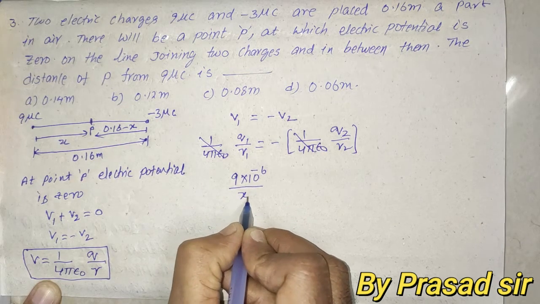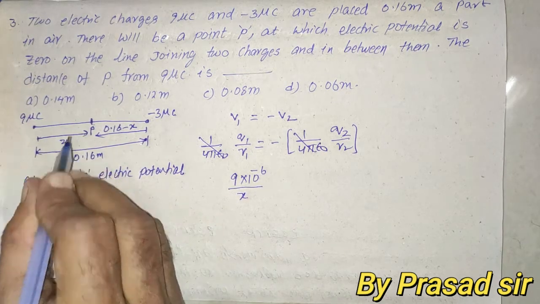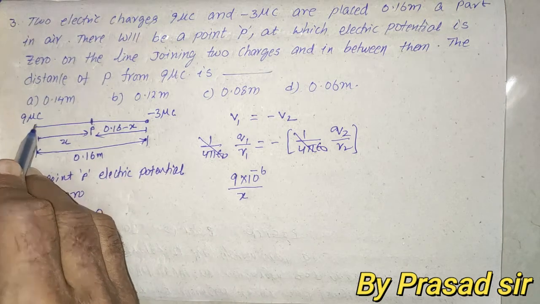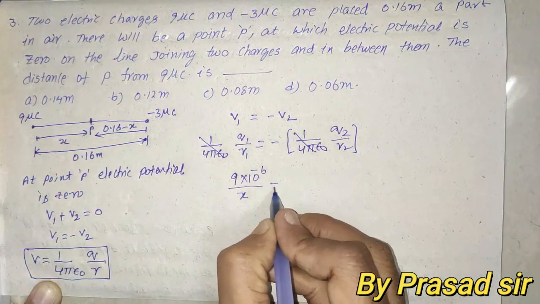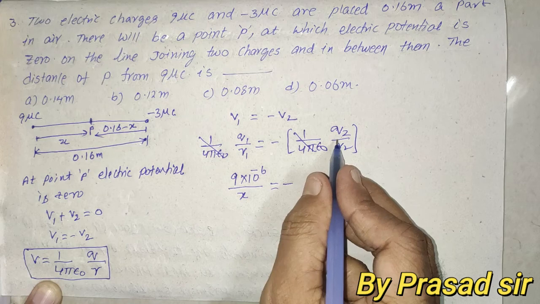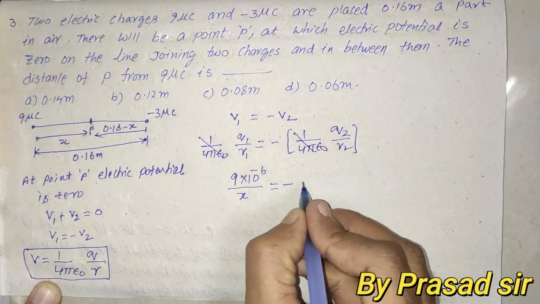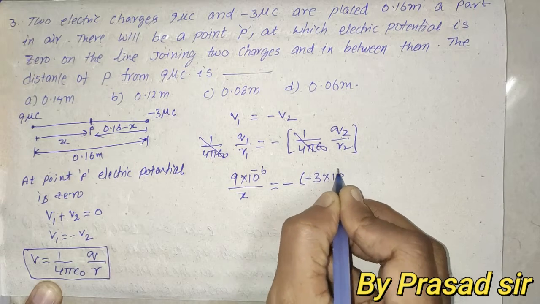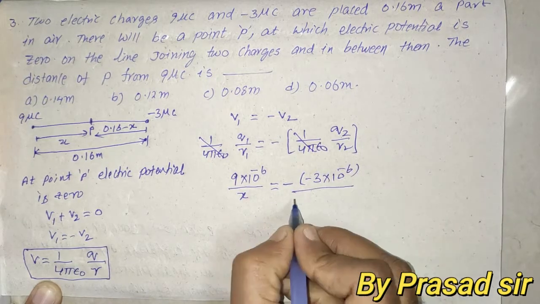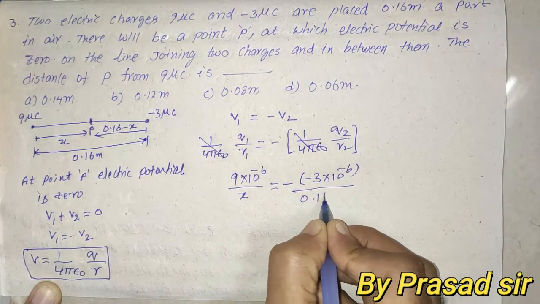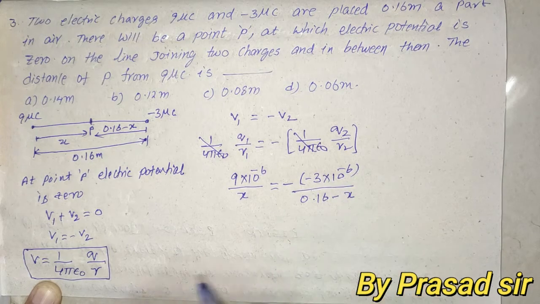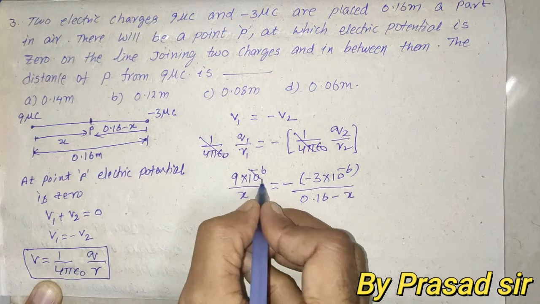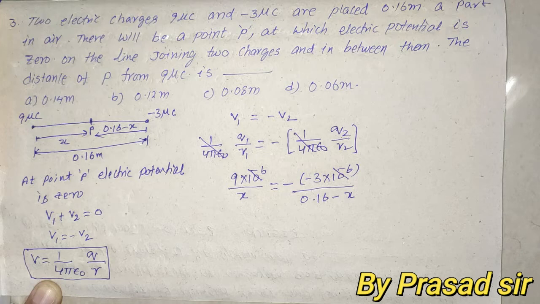What is R1 here? X, from 9 microcoulombs to point P. That equals minus Q2, which is minus 3 into 10 to the power of minus 6, divided by 0.16 minus X. On both sides 10 to the power of minus 6 gets cancelled.